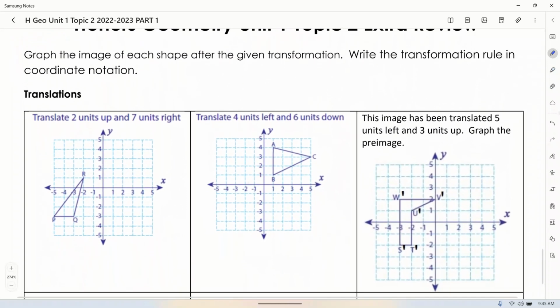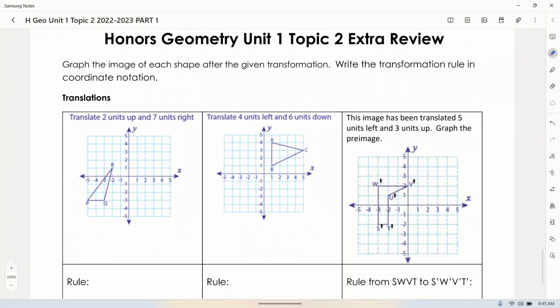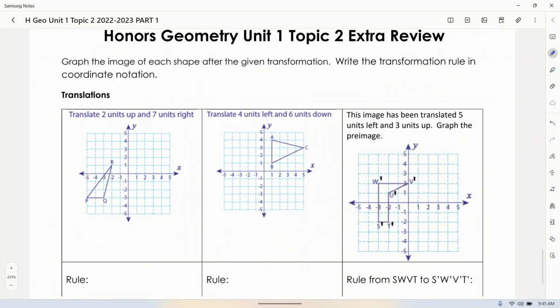So let's go ahead and do the translations that we're being asked for. It says graph the image of each shape after the given transformation. Then write the transformation in coordinate notation. We're going to go up 2 and right 7. From R, I'm going to go up 2, and to the right, 1, 2, 3, 4, 5, 6, 7.